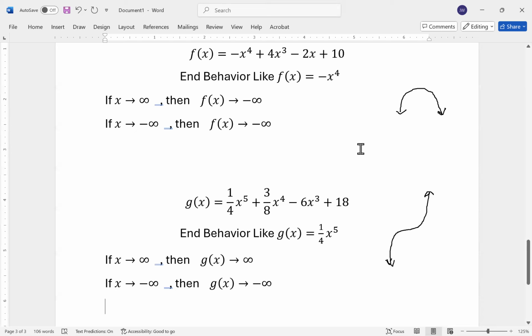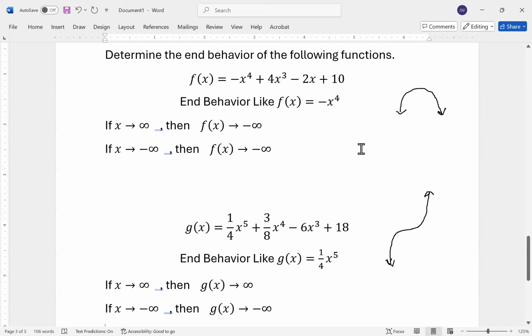Now, I want to talk briefly and just say this is the end behavior. Weird things can happen in the middle. I might have a lot of weird ups and downs, and it could do something like that in the middle.